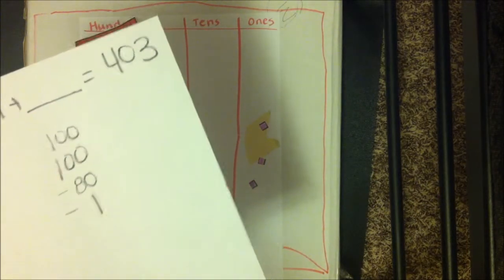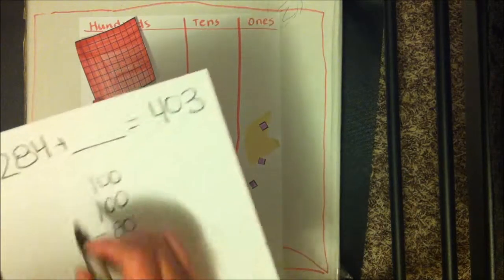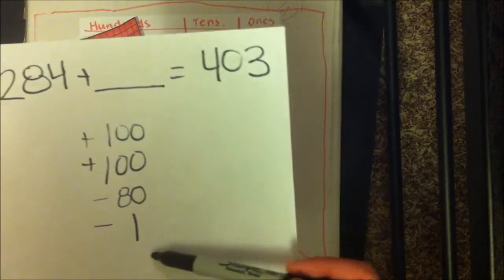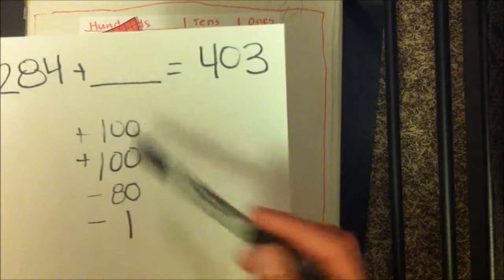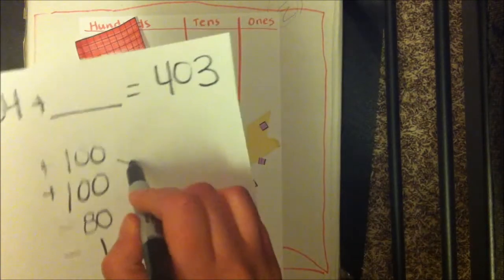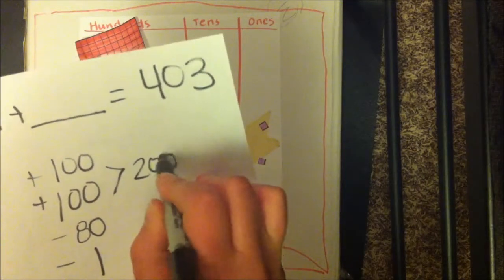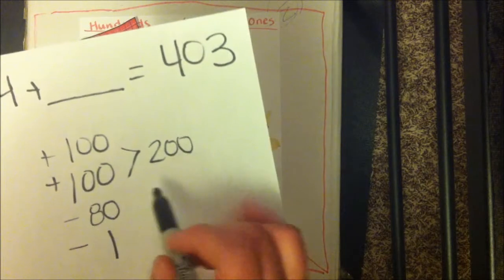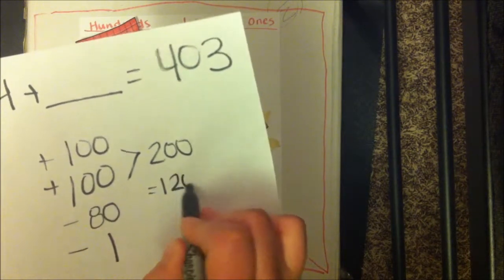subtract 1 there. So basically, these were numbers that we added. Now we want to figure out what these numbers are all together to find this. So 100, 200, we want to subtract 80 from that. So we know that 200 minus 80 is 120.